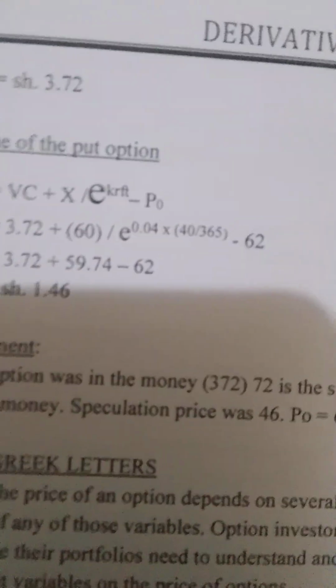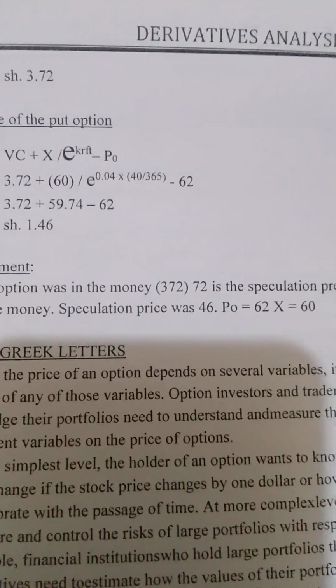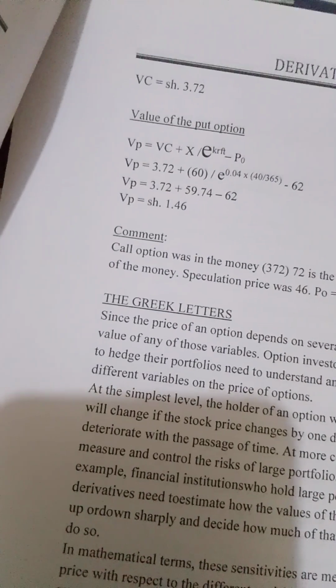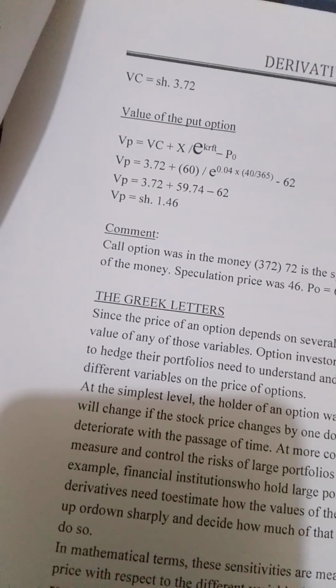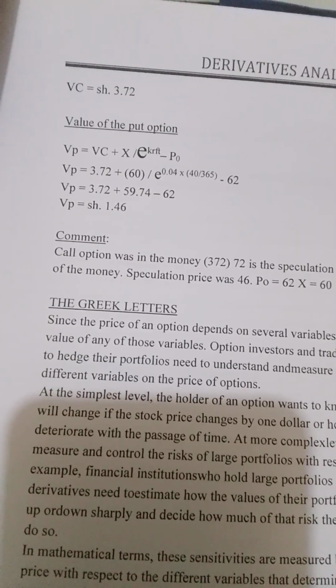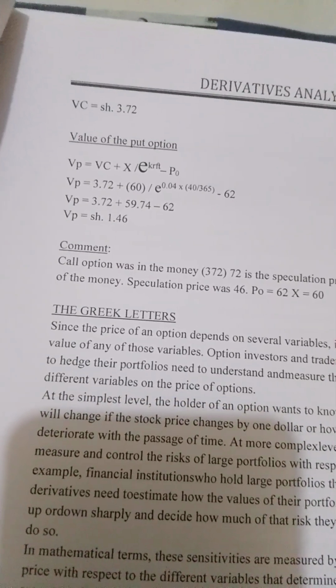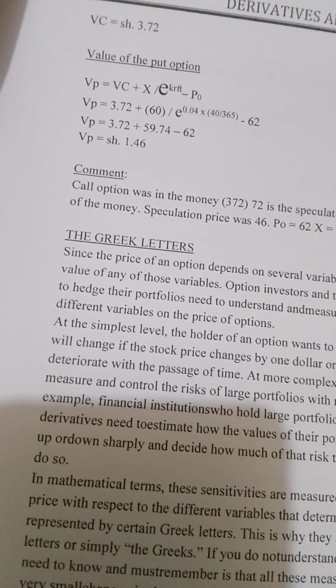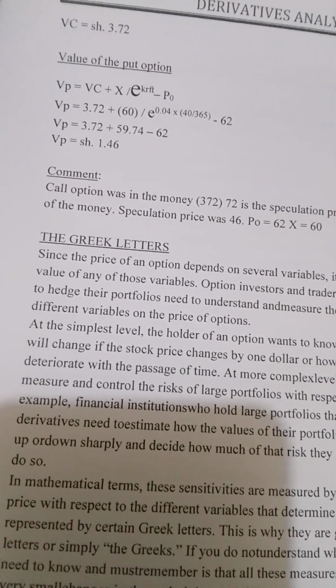For the value of the put option, you can try that before we meet tomorrow. You can see there the value of call, we got shillings 73.72. Then the value of the put option is calculated down there.